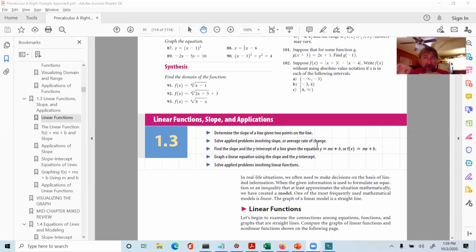We can linearize that data set and then use that information using that line or line of best fit. Find the slope and intercept of a line given the form y equals mx plus b, or some function of x equals mx plus b. Graph a linear equation using the slope and intercept. So if they give you m and b, we can quickly graph that. We know where the intercept is, we know what the slope is.